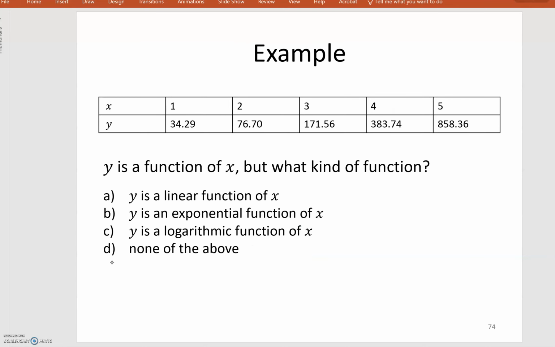And in fact, let's look at a set of data and talk about identifying what sort of function we have. Okay, so what kind of function is this? How do we decide? Well, one quick thing that you can do is enter this data and do a stat plot and just see if there's anything that you can rule out.